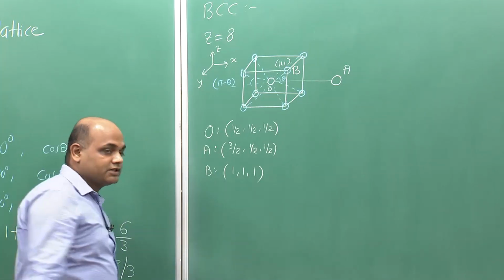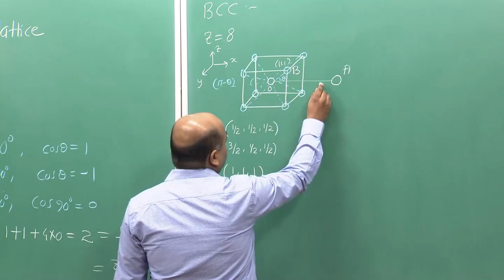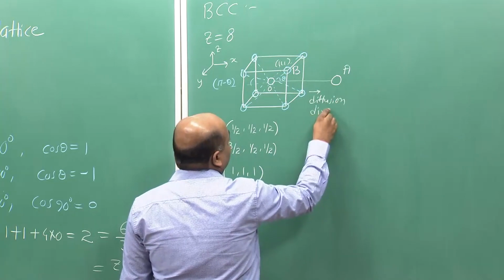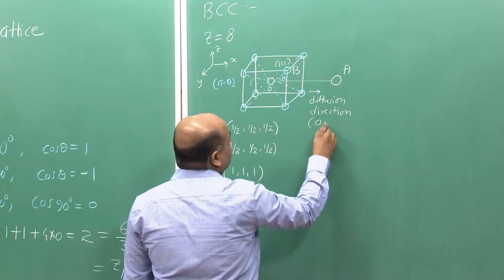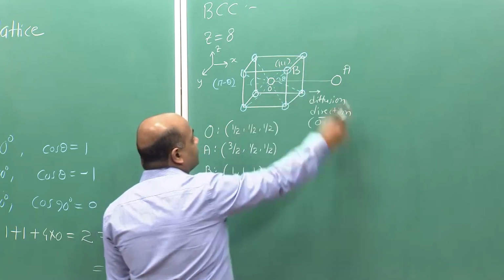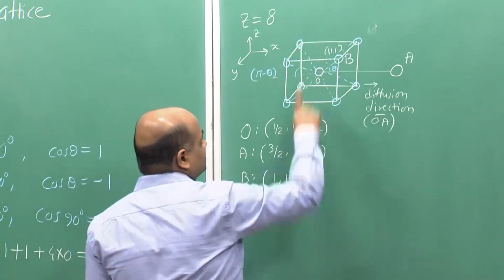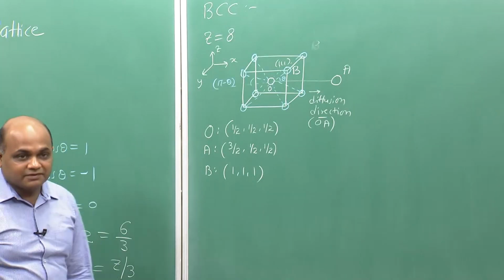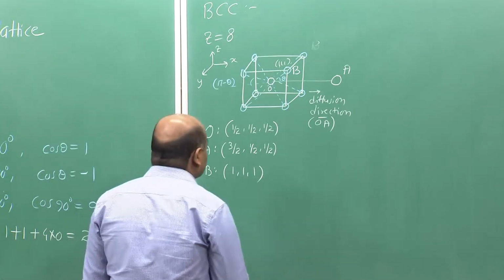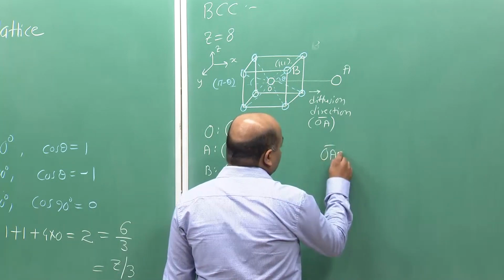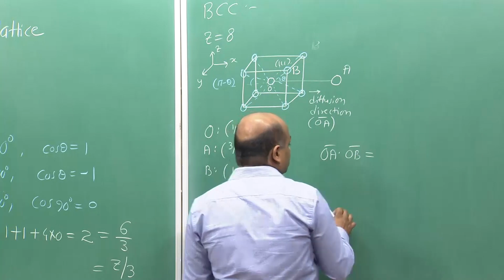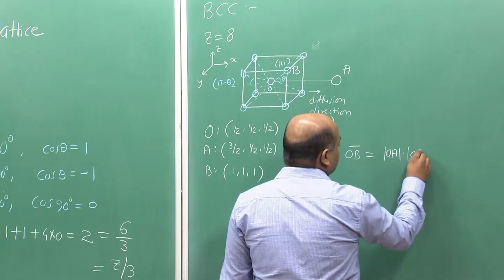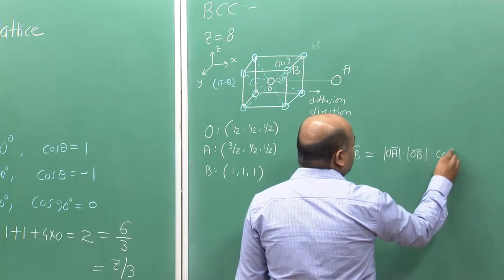So, what should be the cos theta? This is the diffusion direction, which is OA bar, and the jump vector we are considering is OB bar. How do we find out cos theta? Find the dot product. Yes, correct. If we take the dot product of the two, OA bar dot OB bar is equal to magnitude of OA times magnitude of OB times cos theta.